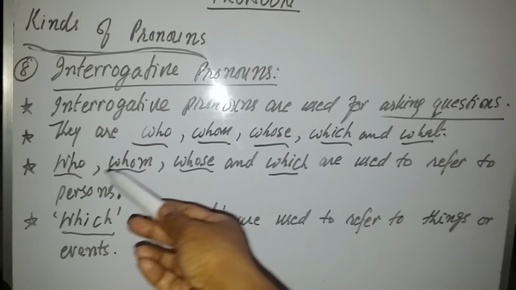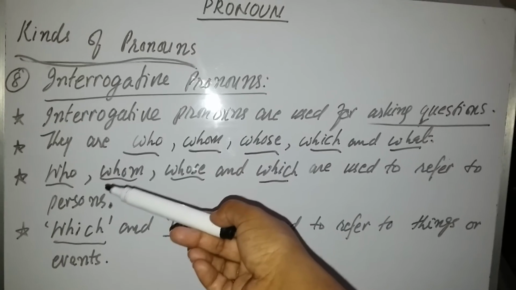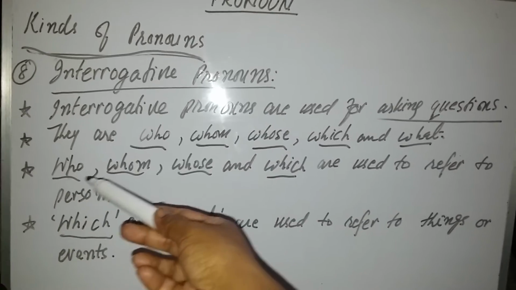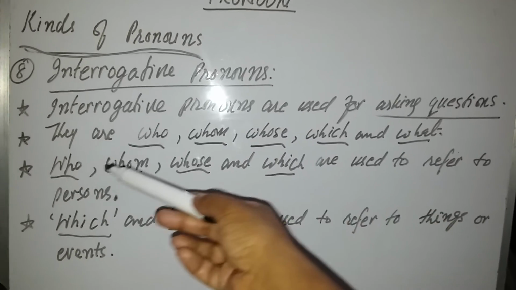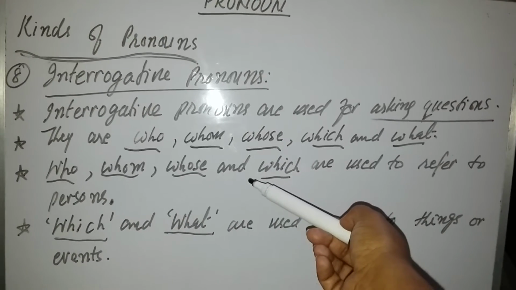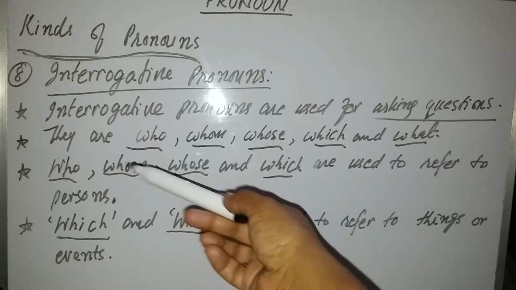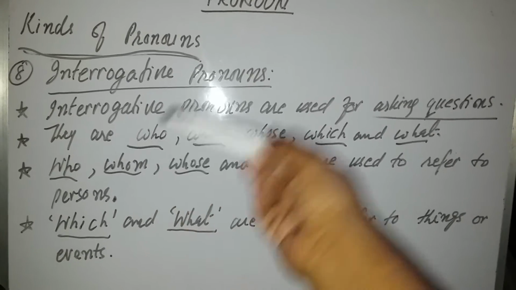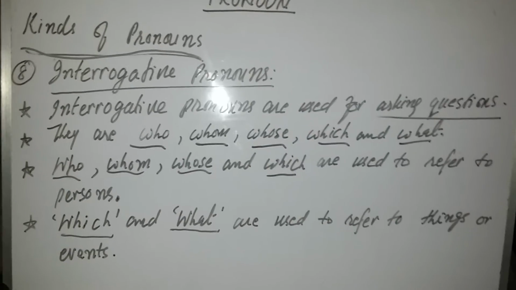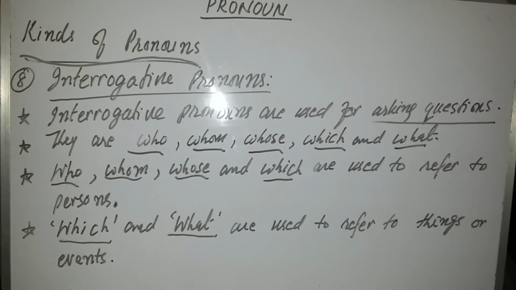So in all those interrogative sentences in which these question words are used, they will be called interrogative pronouns, because in answer of these questions you will use a noun. Now I am going to give you some examples of how they can be used.